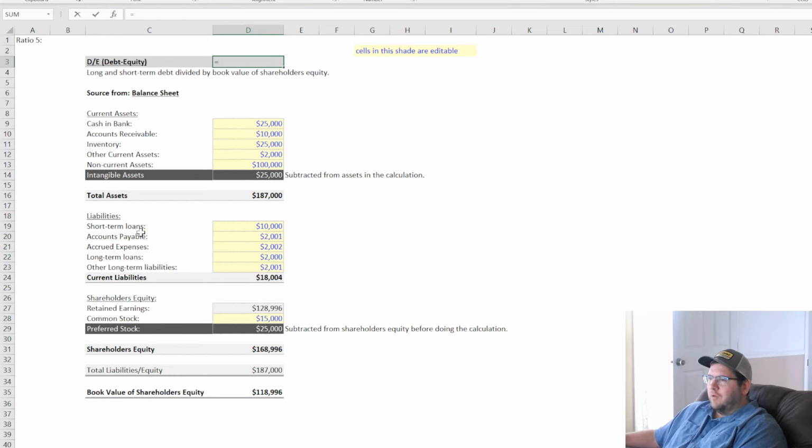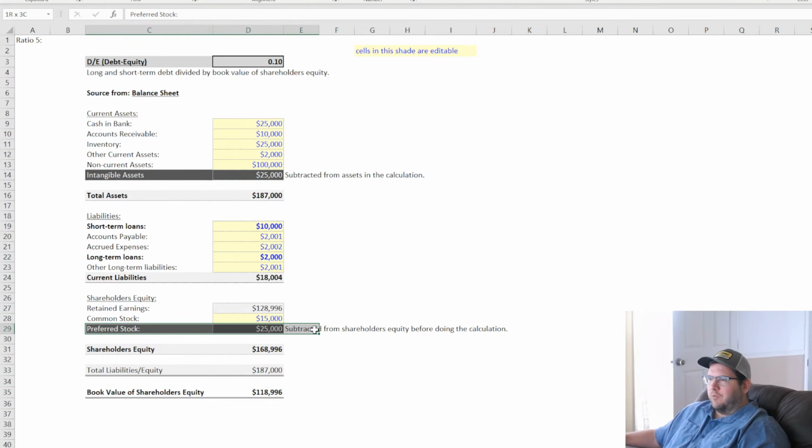Now the ratio is to divide loans, not all liabilities. So we'll do short-term loans and long-term loans divided by the total amount you've got to pay that off, and there's your debt to equity. 0.1 in this case. Long and short-term debt. So we're looking at this number, and this number. And this number, the book value of equity, is based on all these other inputs.